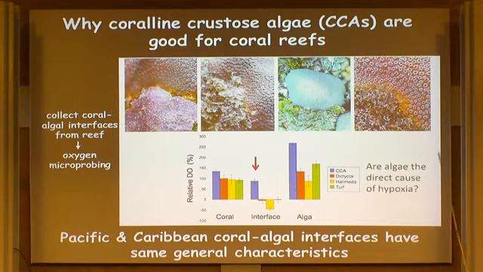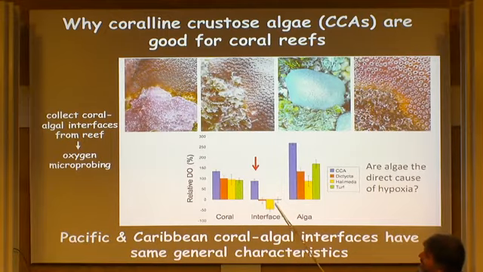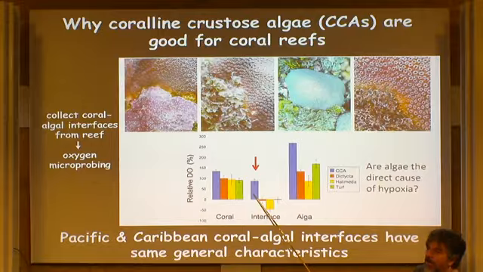The one exception is, remember I told you, there are these guys here, these CCAs. And CCAs do fight with coral a little bit, but they actually seem to be pretty benign. So this is the coral, the interface, and the algae. You get increased oxygen, like I said, because they're both photosynthesizers. And you get hypoxia readings at the interfaces, except for when you're interacting with the CCA.